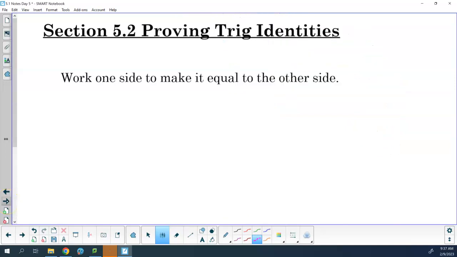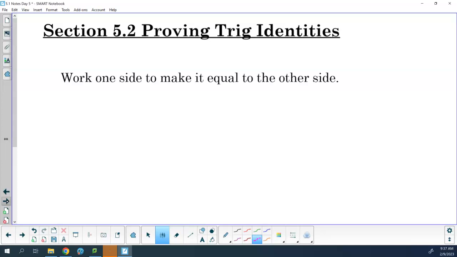So now what we're going to do is move from solving to proving trig identities. And the way that we go about proving a trig identity is we work one side.